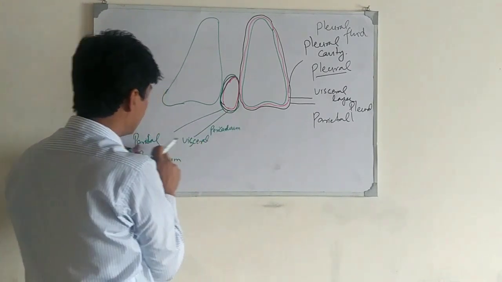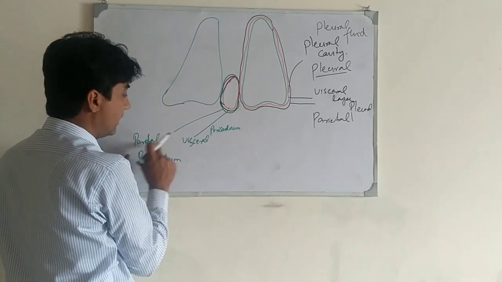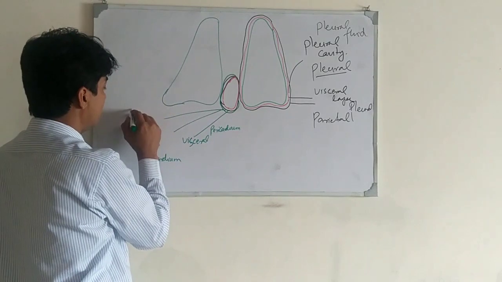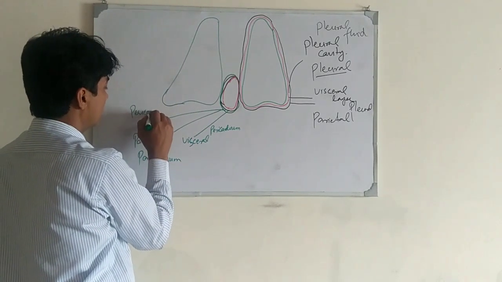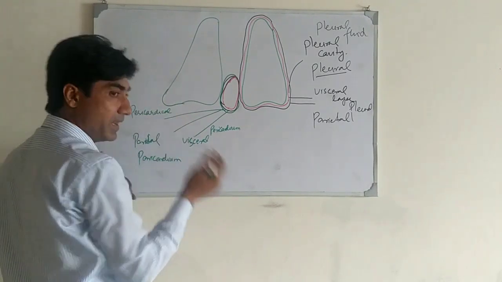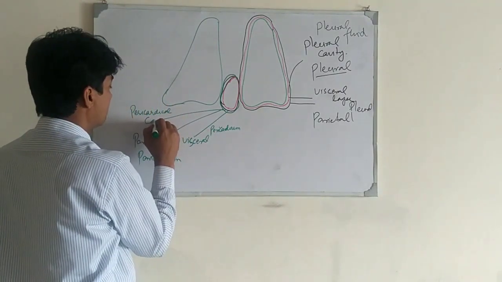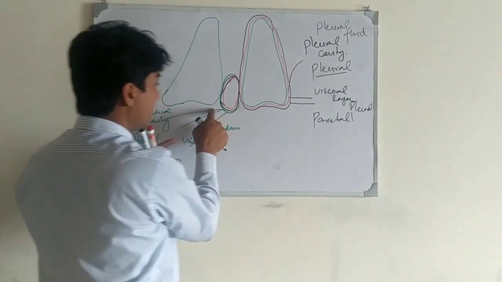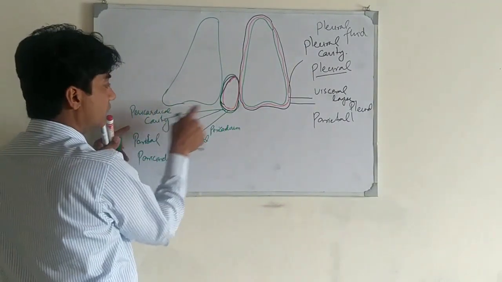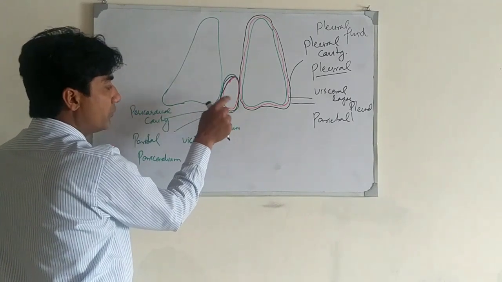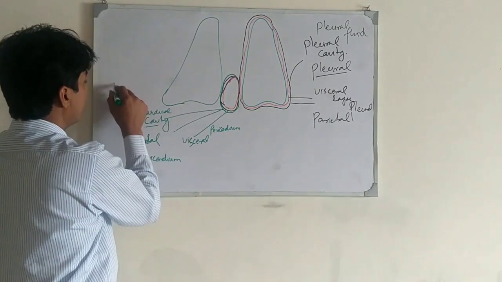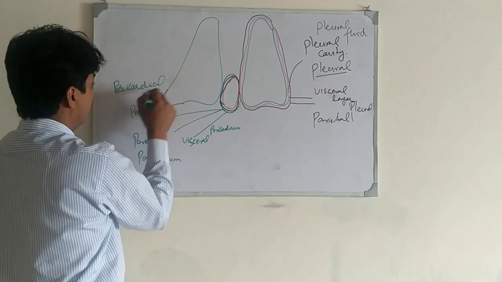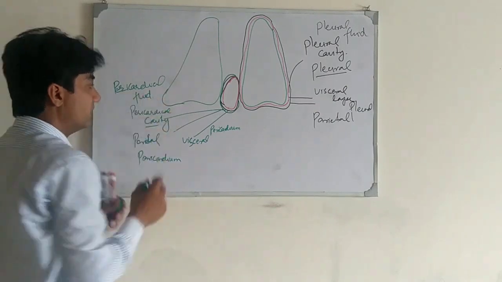Between these two pericardium layers, parietal and visceral, there is a space called the pericardial cavity. And there is a fluid between these two layers, which lubricates; this is called pericardial fluid. This was the thoracic cavity.